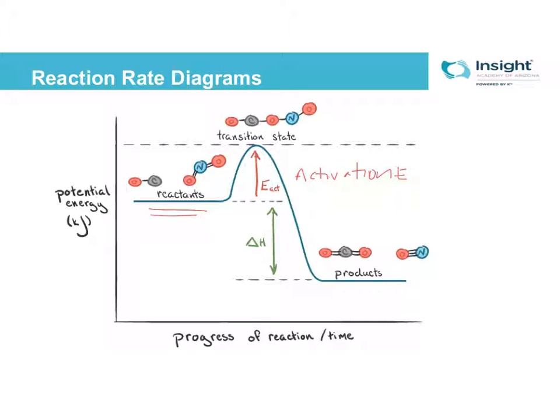When we apply this activation energy, we make these two chemicals collide with a certain amount of energy so that we can push them into this transition state, where you can see you've got your two chemicals actually stuck to each other, they've collided. And then some energy is released and these chemicals reform as the products.